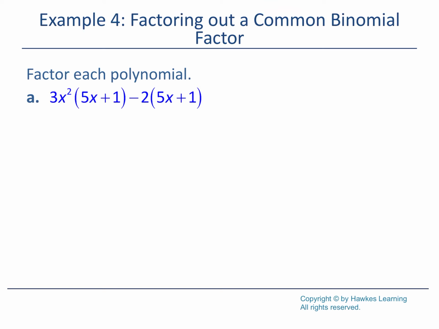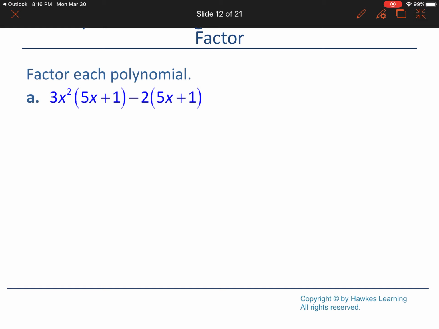So now, these are some, you might think to yourself, well, let's distribute that, right? But we don't want to distribute yet. It's almost factored, right? We have a common factor. So think about this in terms of this is one term and this is one term. And in these factors we have a 3 and x squared, and we have this 5x plus 1.